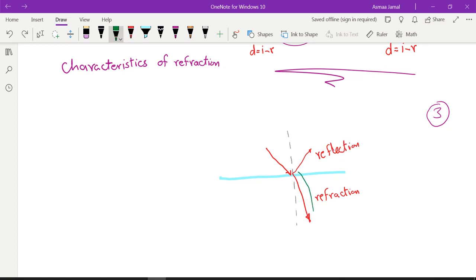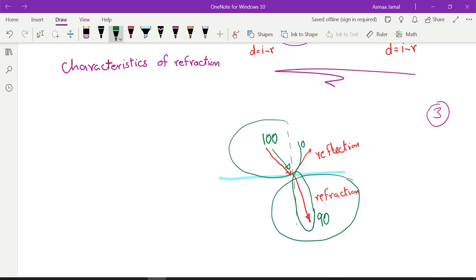Which means the intensity of the refracted light will be less than the incident light. Let's say the intensity here is 100%, 10% of it reflected and the residual 90% refracted. So the intensity of light here is less than the intensity of light here.